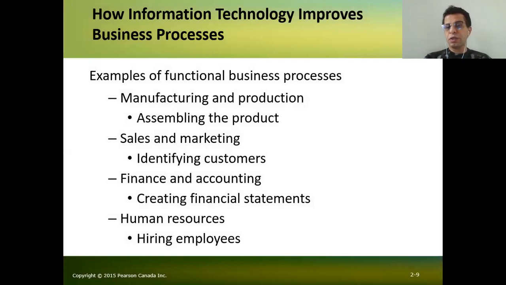How does information technology improve business processes? We gave an example of a function of processes, manufacturing and production. They assemble the product. So there is an MRP solution, and they also count the product. There is an application that we will be talking about.